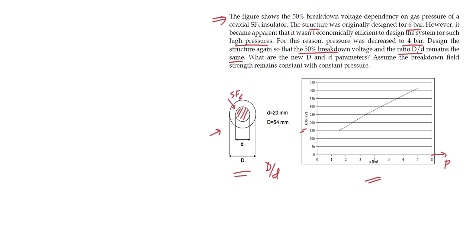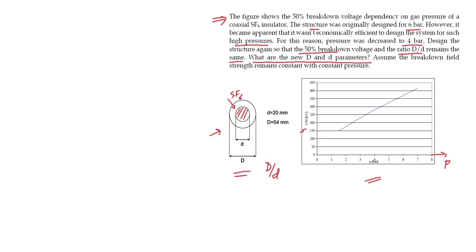Whatever the breakdown voltage was at 6 bar, it must remain the same at 4 bar. And so we need to determine the new capital D and small d parameters.